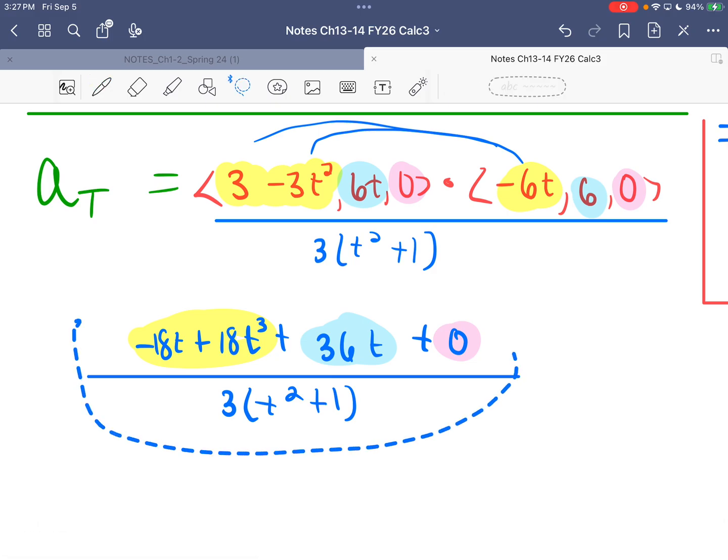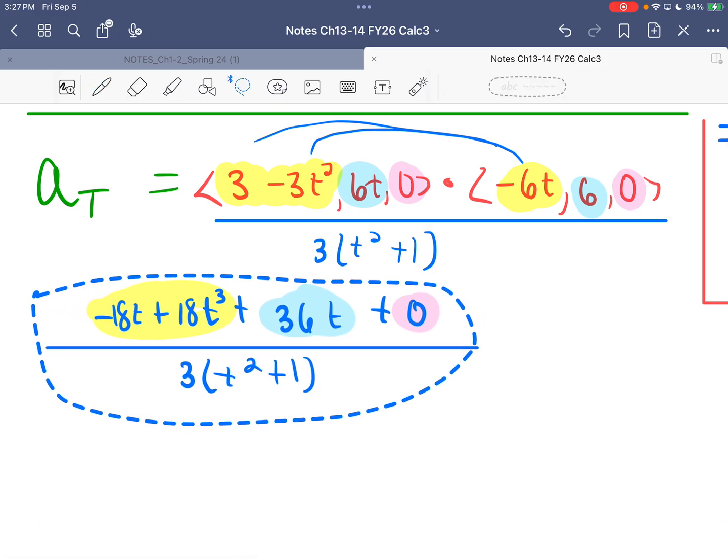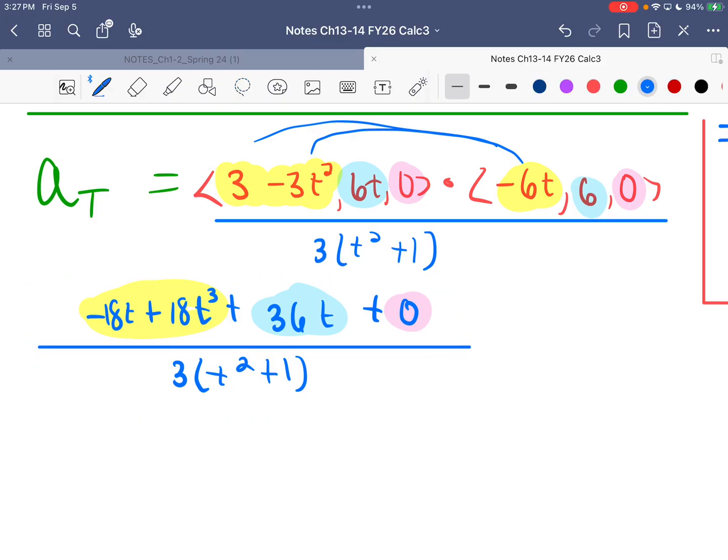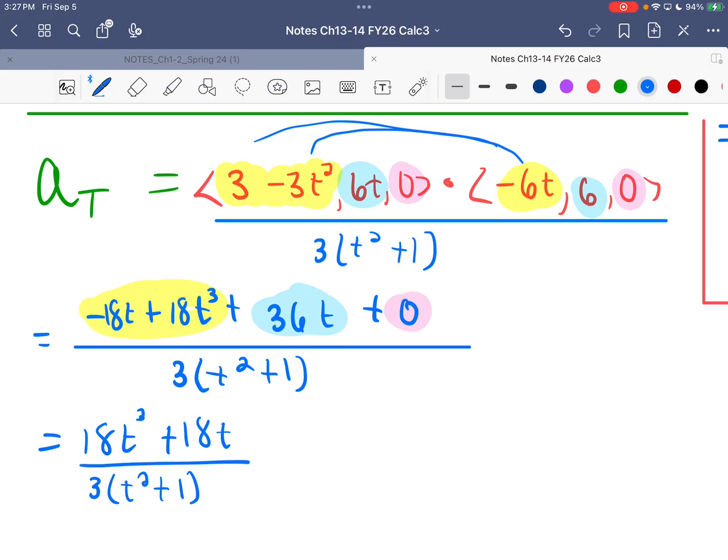Okay, combine like terms. What's the greatest common factor in the numerator? 18t.